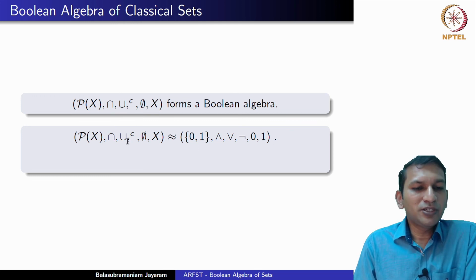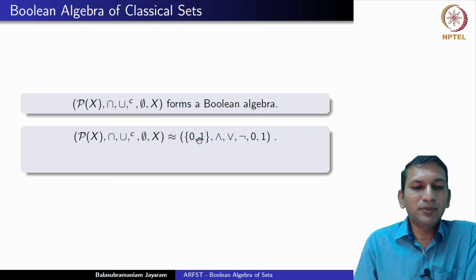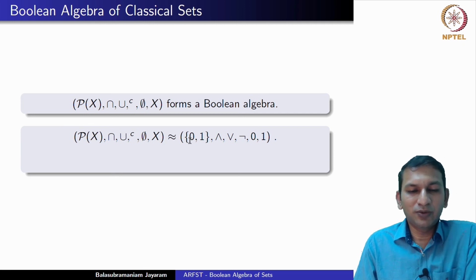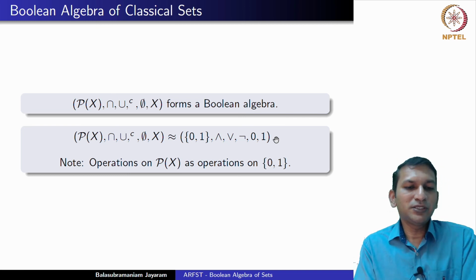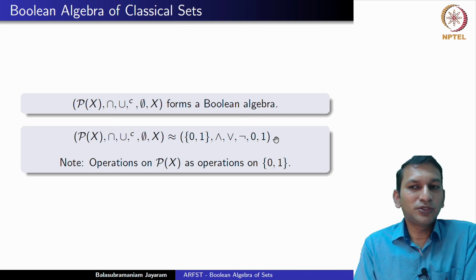So this is a Boolean algebra and so is this. Here we have only a two element set. This is the usual meet, which you can now safely look at as a minimum. This join as the maximum. And the negation is actually the complementation. For 0 it is 1, for 1 it is 0, there are only two elements and these are the bounds. Note that this was possible only because we can look at operations on P of X as operations on {0, 1}.